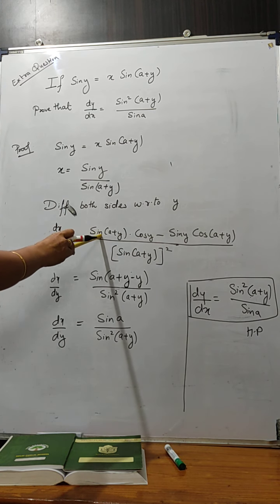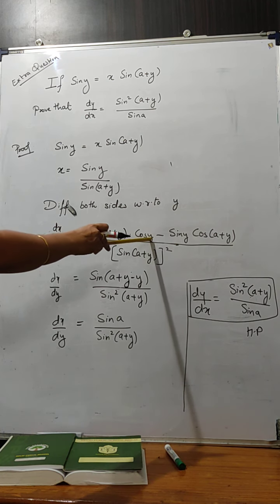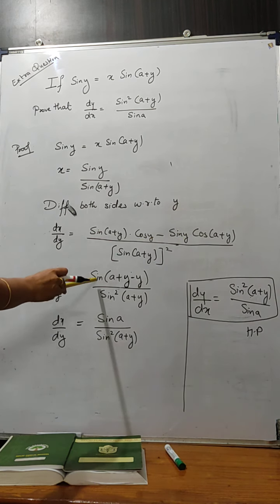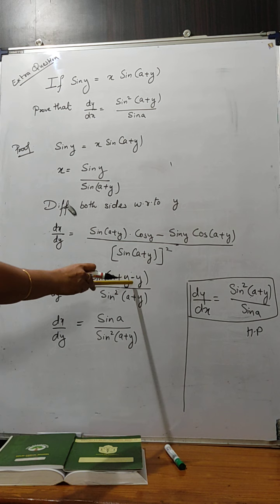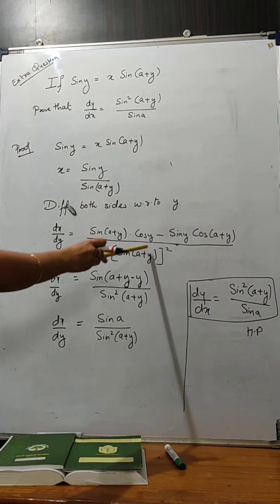Now students, since we have studied the formulas of trigonometry, you should be thorough with that. Sin a cos b minus cos a sin b will be written as sin of a minus b. Here a is a plus y and b is y.